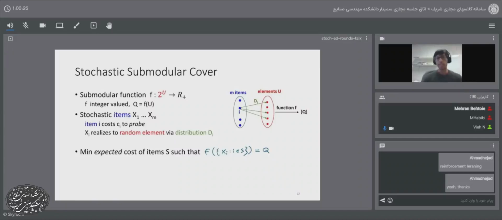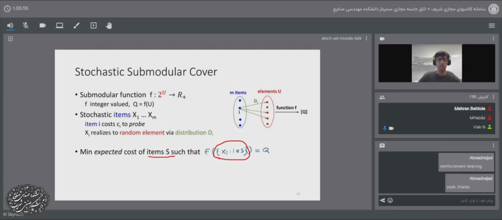The goal is again the same. We want to cover the function f completely. So we want to make sure that if we have probed the items in S, then the function value on those realizations should be equal to the maximal value, which means we cover the function entirely. And because the outcomes x_i for the different items i are random, this is going to be a random process.